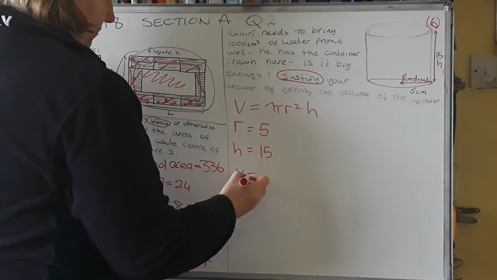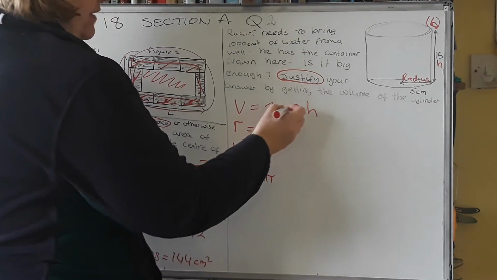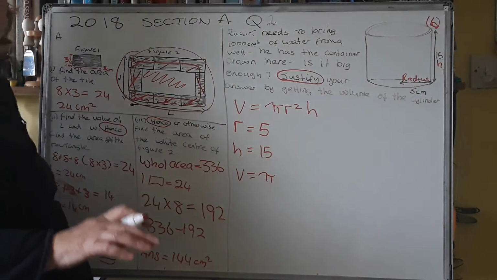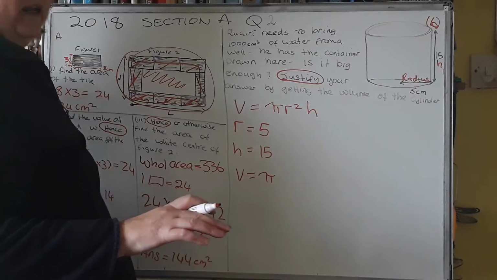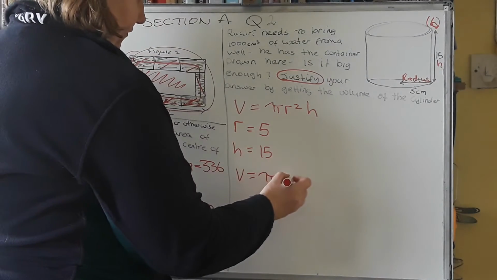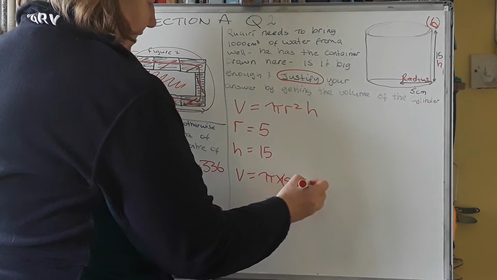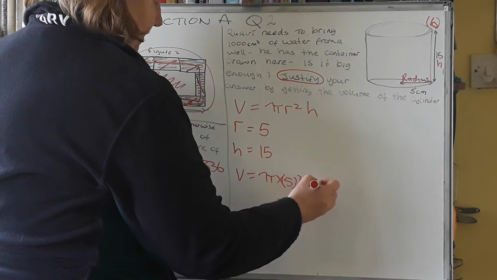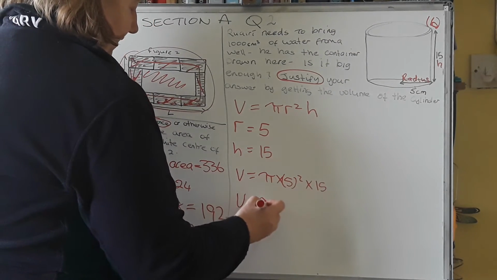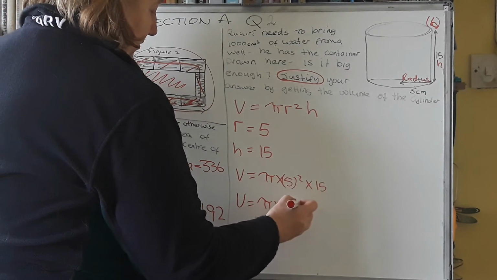So my volume is pi, leave that as it is, multiplied by, when they're written together like that, there's no plus or minus or divide. It always means multiply. So it's pi to be multiplied by 5, and don't forget we have to square that, and also to be multiplied by 15. So your volume is pi to be multiplied by 25 and to be multiplied by 15.